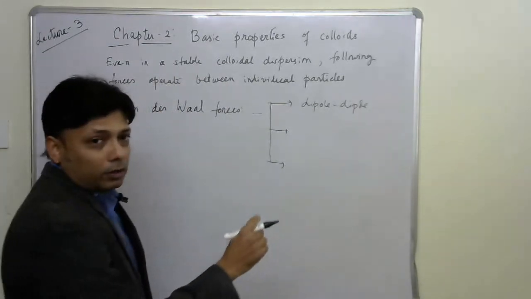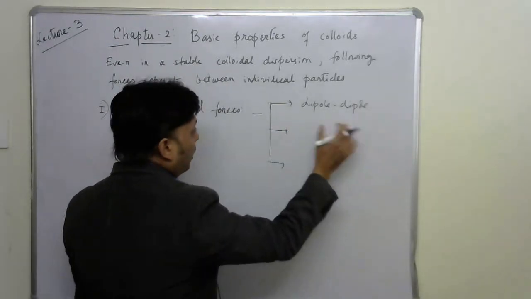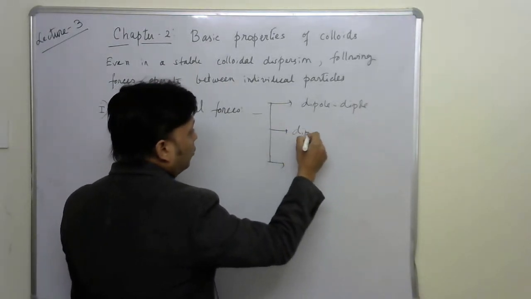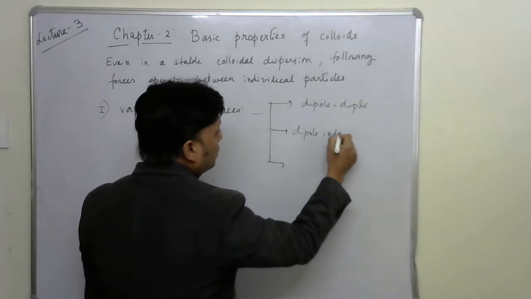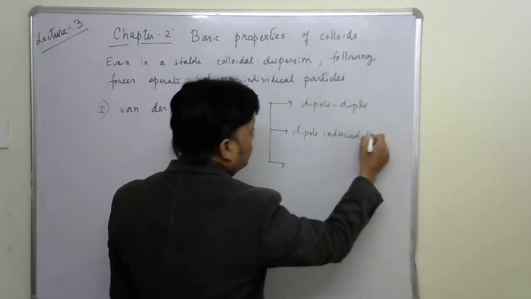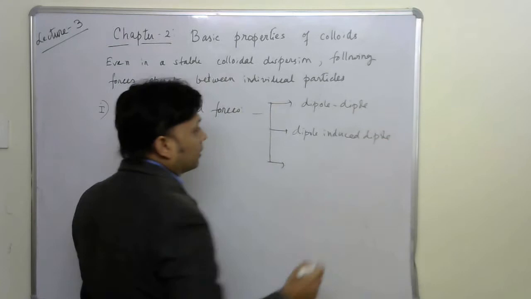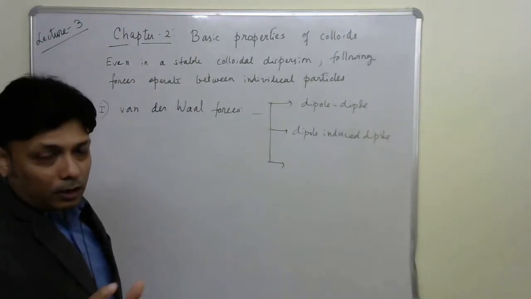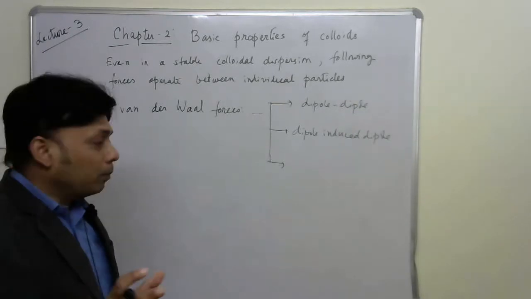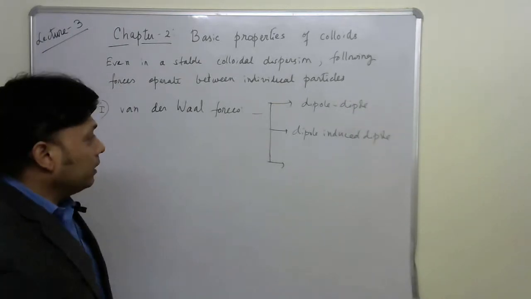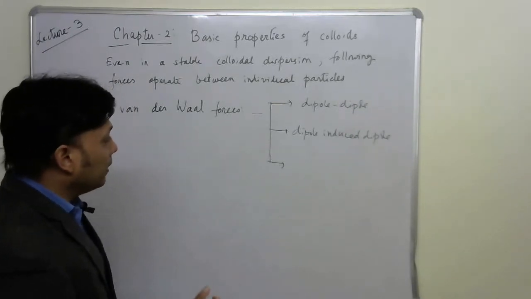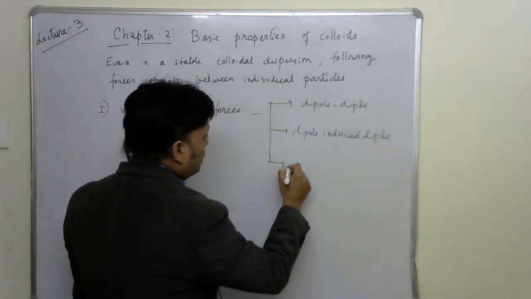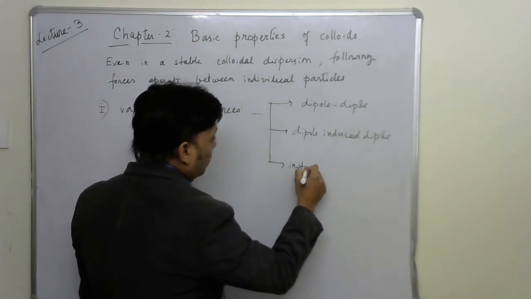Neglecting hydrogen bonding, there can still be dipole interaction, and there could be dipole induced dipole. One is a polar molecule and another is a non-polar molecule, but still the non-polar may get induced polarity. And then there is formation of some instantaneous dipole.